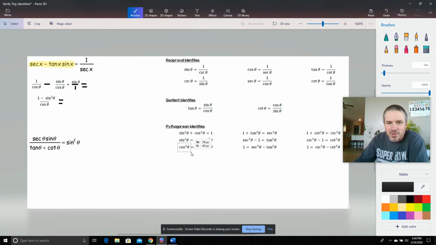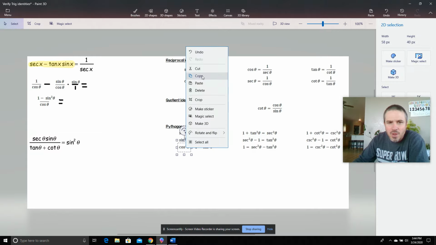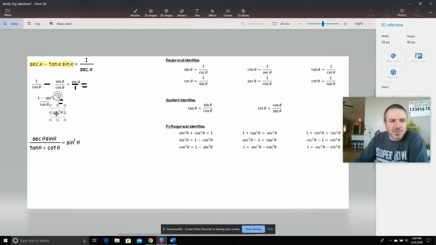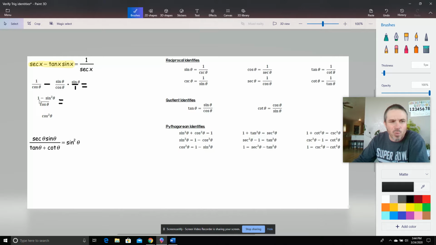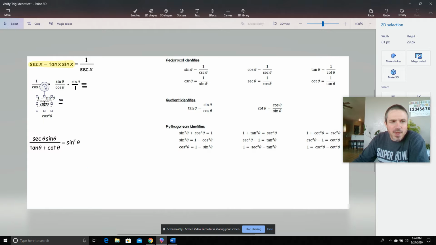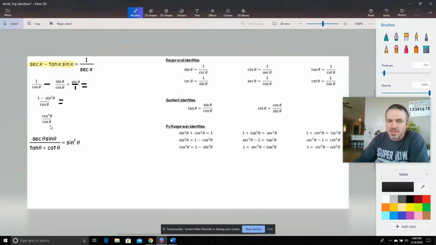So we can say cosine squared of theta. Get that over here. Now the numerator, instead of representing it as 1 minus sine squared of theta, let's call it cosine squared of theta. What that does for us is it helps us eliminate our denominator. We've got our denominator of cosine of theta down here, and cosines can divide out.